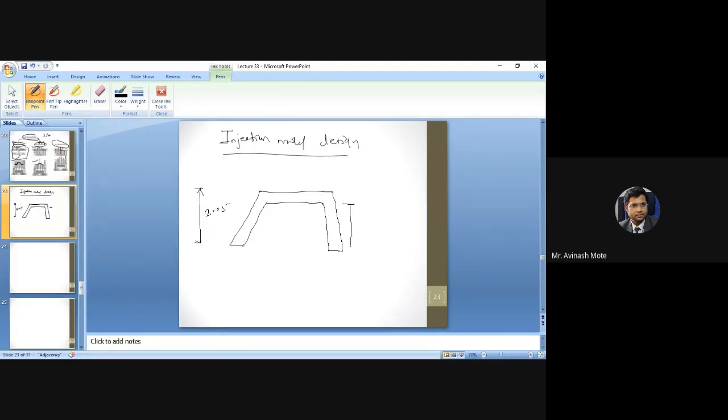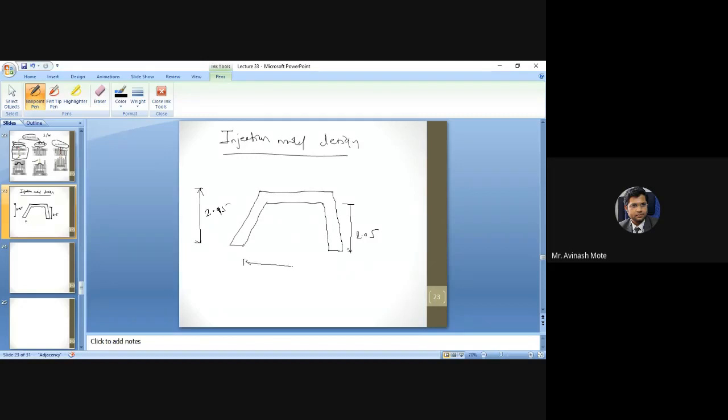This smaller height, sorry, this is 2.15, and this is 2.05, right? All the dimensions are in centimeters.